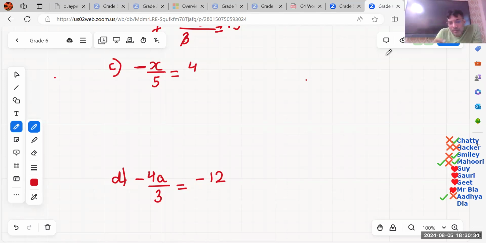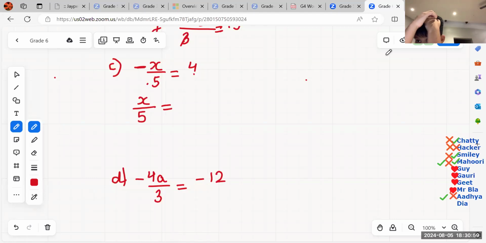Minus 20. Yes, so first you can multiply both sides. Beta, this is right hand side, this is left hand side. You can multiply the right hand side and left hand side by any number you want to, but you should multiply both the sides. When you multiply this by minus 1, you will get x by 5. What will you get when you multiply 4 with minus 1?